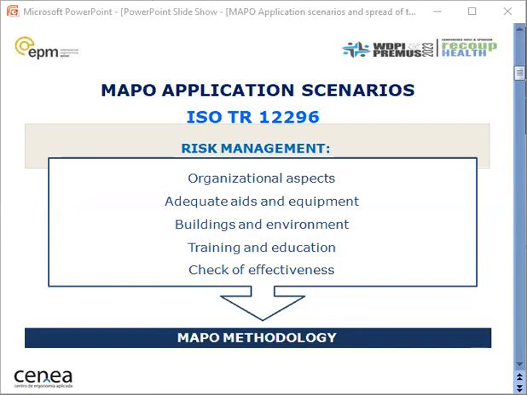These factors would be organizational aspects such as the number of workers, the number and type of patients to be handled, the equipment to be used during handlings, the characteristics of the workspaces, workers' training, and finally, as a fundamental part of the preventive strategy, the effectiveness check. All these factors are considered by the MAPO method when assessing this task.